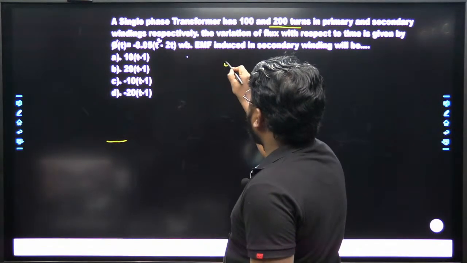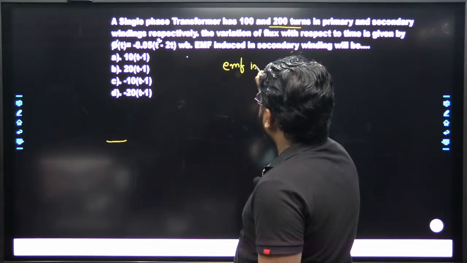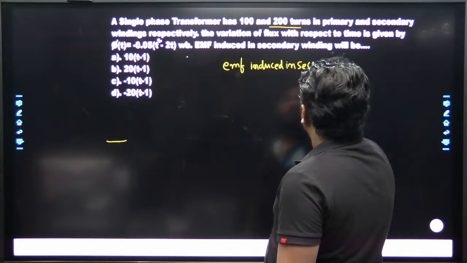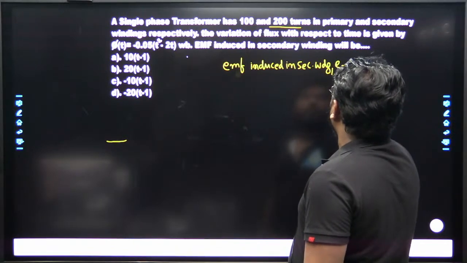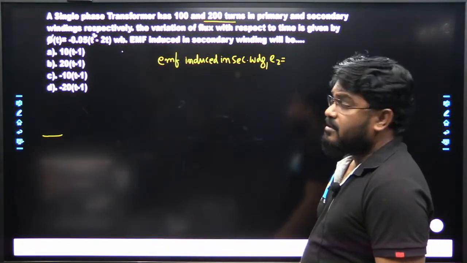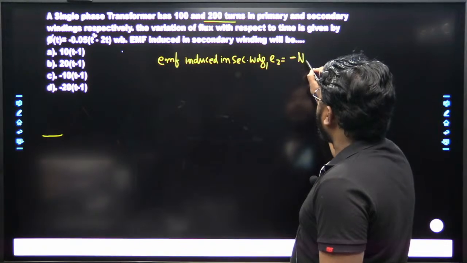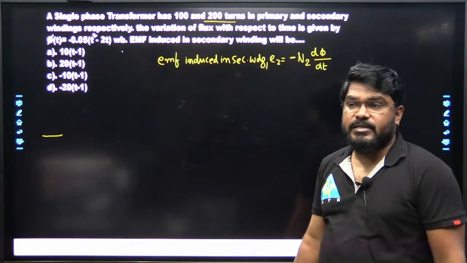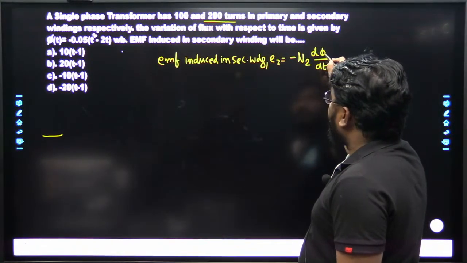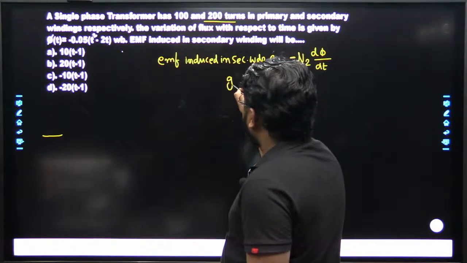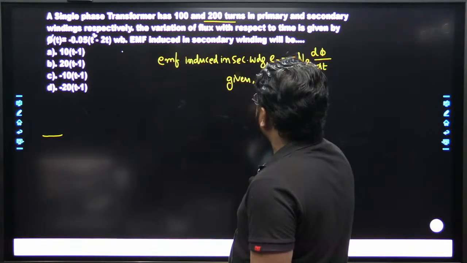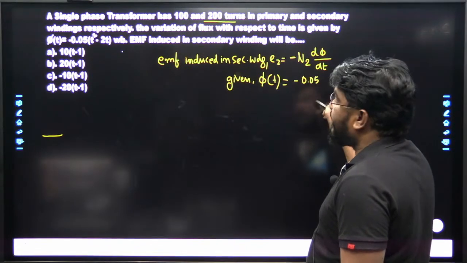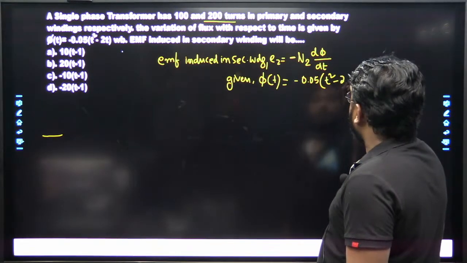So the EMF induced in the secondary winding is E2, and with the formula, E2 equals minus N2 d phi by dt, the differentiation of the flux with respect to time. The flux is given as phi of t equal to minus 0.05 t square minus 2t Webers.